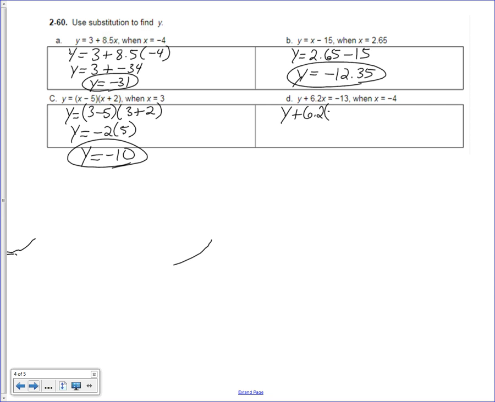The equation doesn't equal y, so we have to do a little solving. So we end up with y plus negative 24.8 equals negative 13. So we have to add 24.8 to both sides. So we end up with y equals 11.8. Be careful with that. We have to make sure we know what y is.